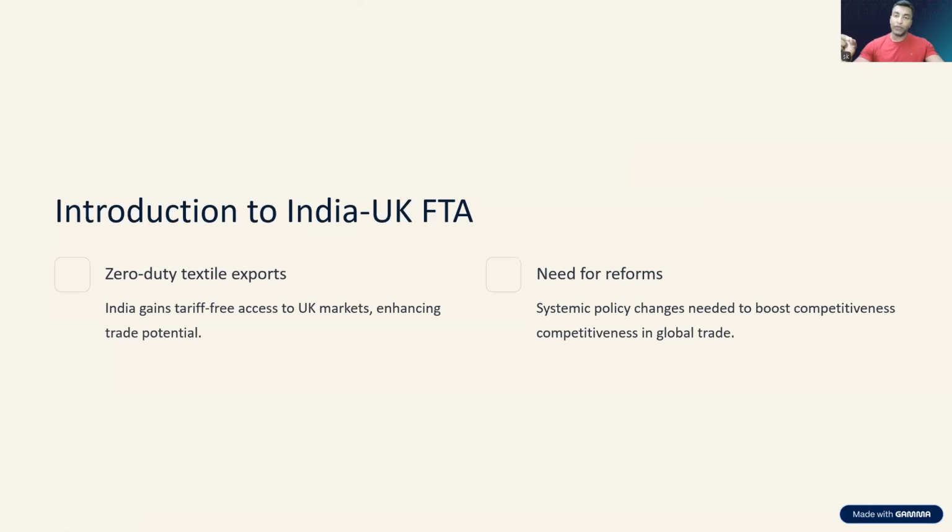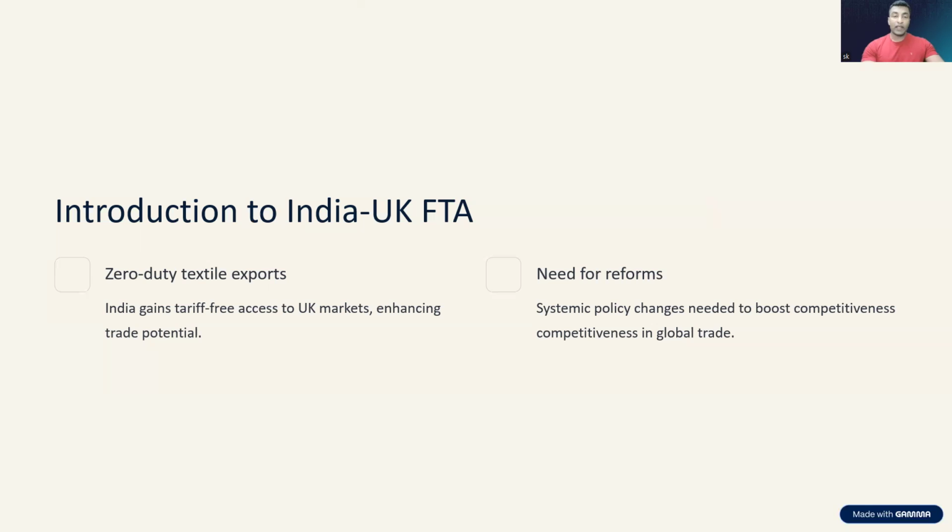And when you remove this tariff, it is expected to give India's manufacturing a competitive edge, because now duty is not there. So your exports will increase and the competitive pricing will also help you. This FTA is projected to boost India's textile exports to the UK by around 20% in the next 2 years, because trade barriers have reduced and market accessibility has increased. Exports will increase and the price is also competitive since no duty is there.